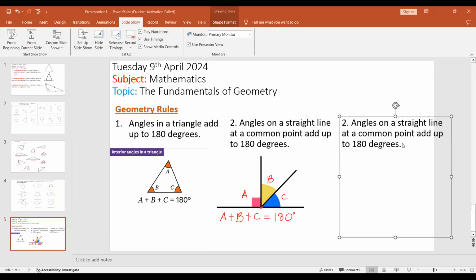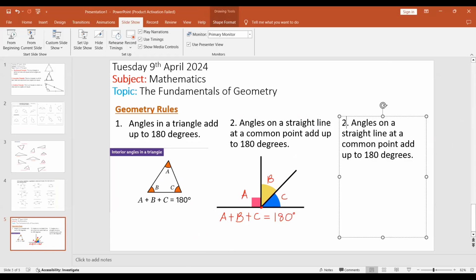All right, the third and last rule for these three is that angles around a point add up to 360 degrees. Very good.